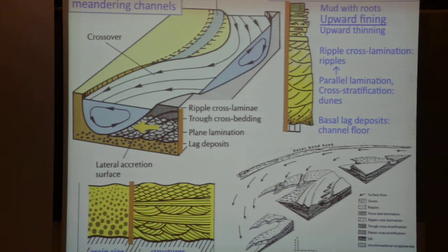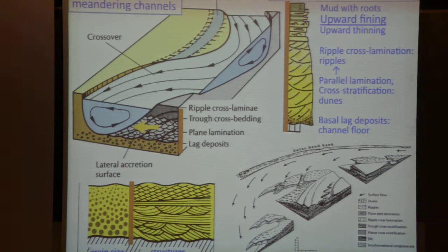and these are deposits of dunes migrating on the point bar, like this diagram. Above that, there are smaller cross stratification, which is deposits of ripples on the shallower part of the point bar. The uppermost part is mud, which is the deposit of floodplain.